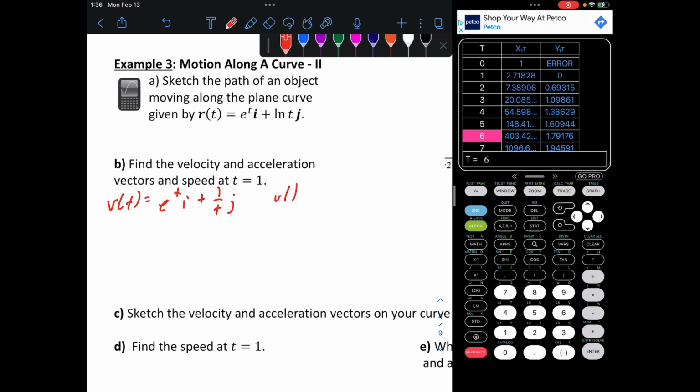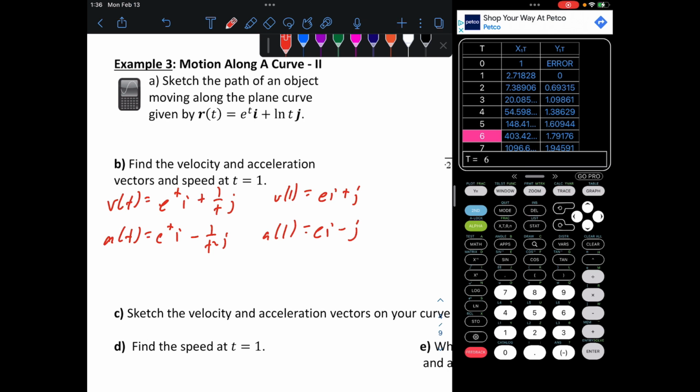So v of 1 is just e i plus j. Our acceleration vector would be e to the t i plus, this would be t to the negative 1, so negative t to the negative 2. So that should be minus 1 over t squared j. Our acceleration at 1 would be e i minus j.